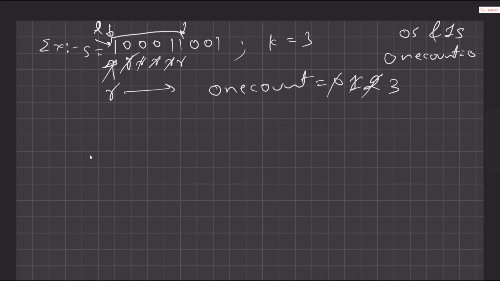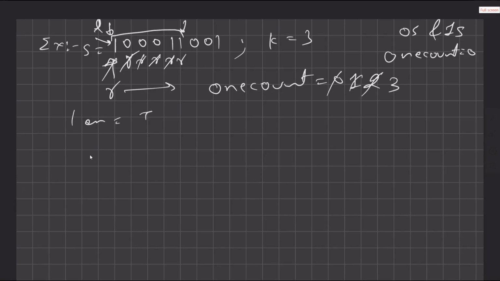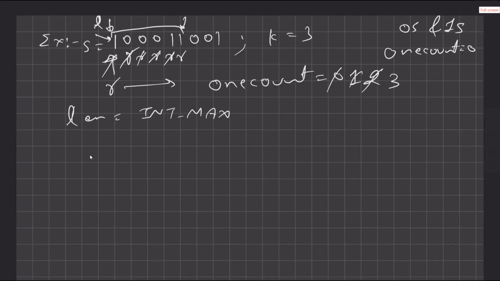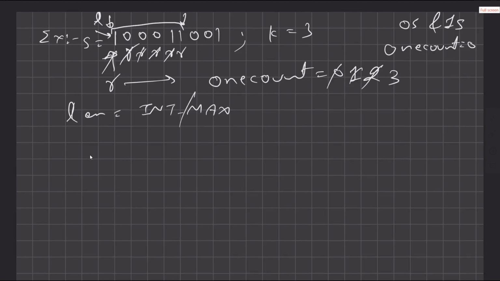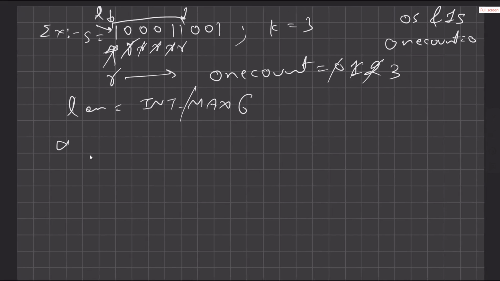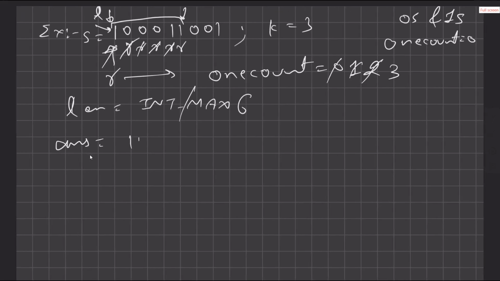Initially we will take length as some int max value, some greater value, and we'll be checking if the current max length we have is greater than the substring length that we have got. Yeah, int max is greater, and here the length is 6, so you will update the answer to 6, and your answer string is going to be 00011.